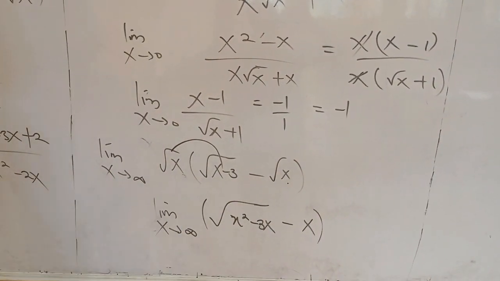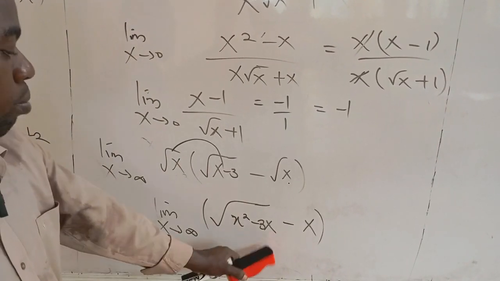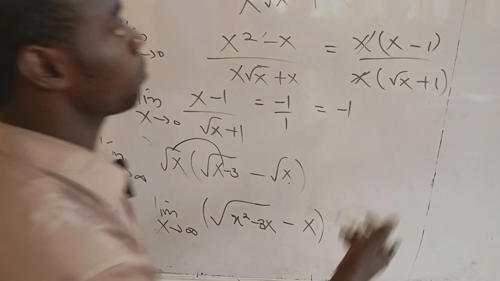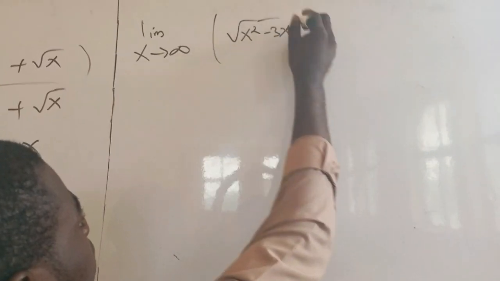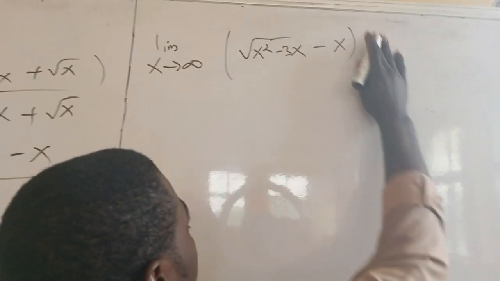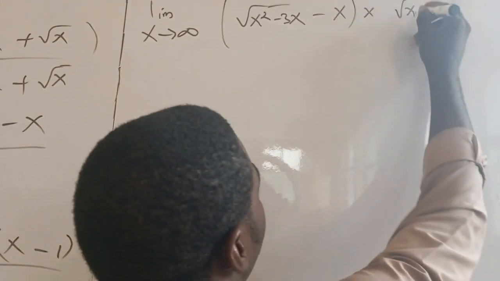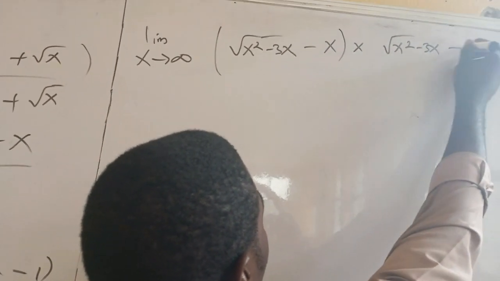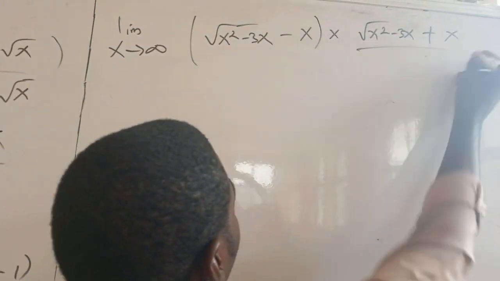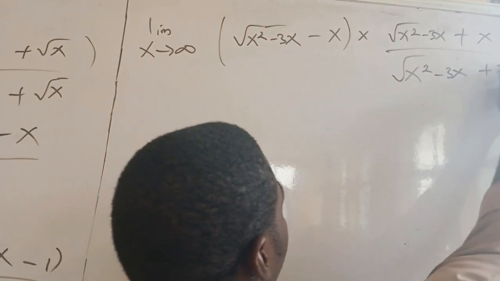Okay, so at this point we can go on to rationalize, and that's by multiplying by the conjugate of this thing: minus 3x minus x being multiplied with root of x squared minus 3x plus x, divided by root of x squared minus 3x plus x.